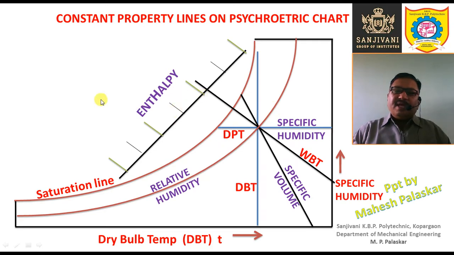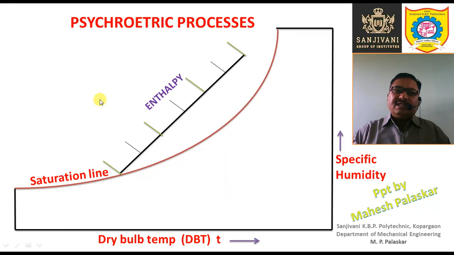Now we are going to show the various processes, that is, the psychrometric processes. So this is again the psychrometric chart we have seen. This is the saturation line or the saturation curve. This is the enthalpy scale. On this horizontal scale, dry bulb temperature is plotted.